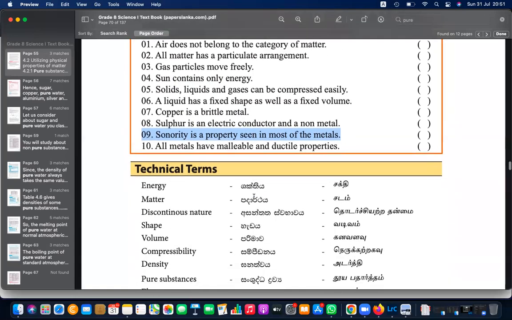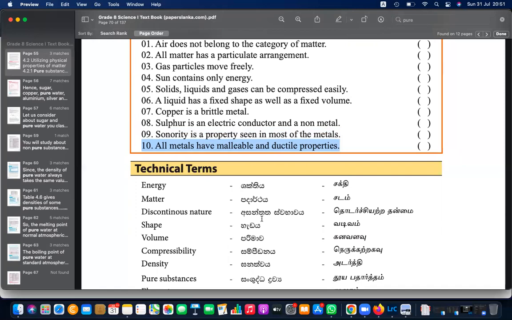All metals have malleable and ductile properties. Is it correct? All metals?